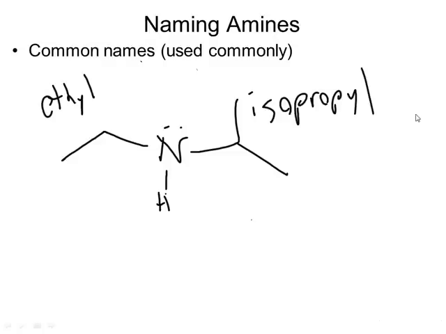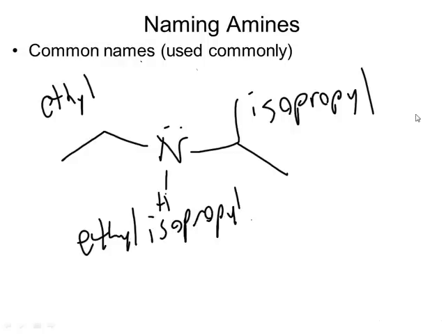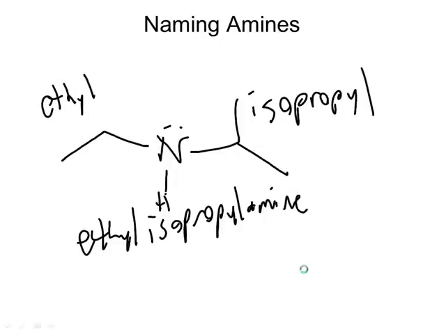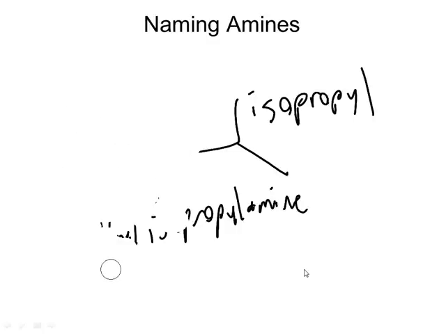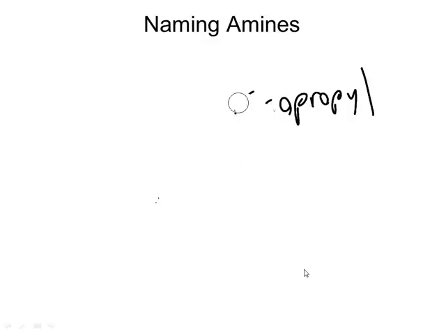Now we just put them alphabetically. So this is ethyl, isopropyl, amine, all one word. So I hope that clears some things up. Let me do one or two more quick examples, and then that's pretty much all there is for naming amines using common names.